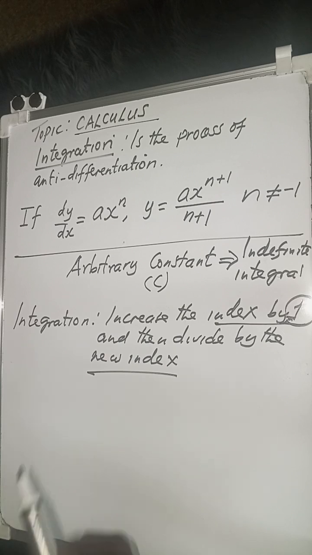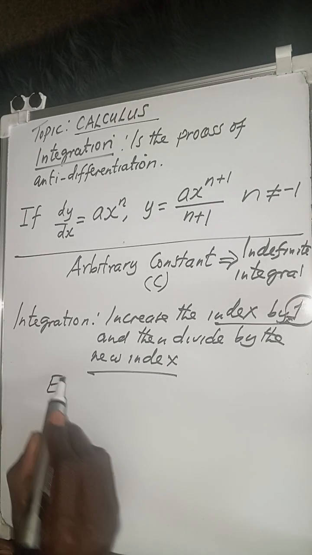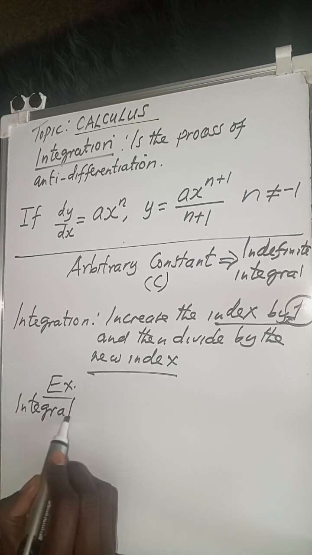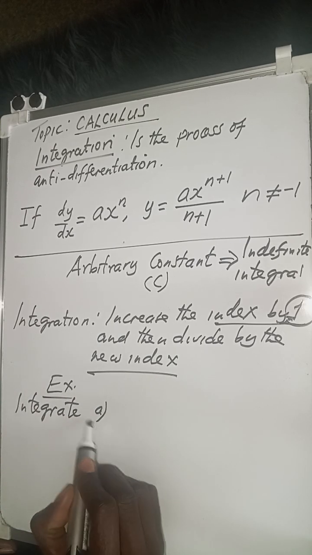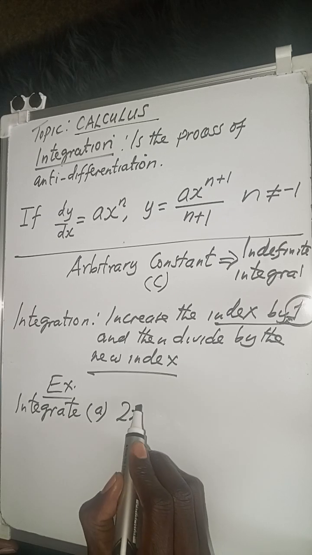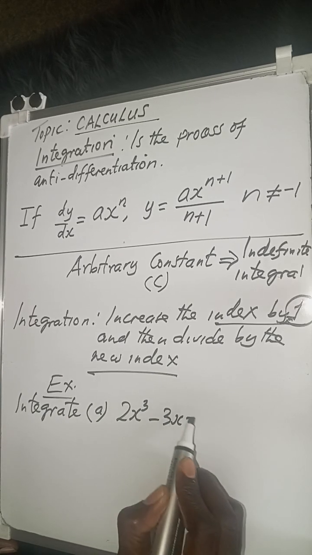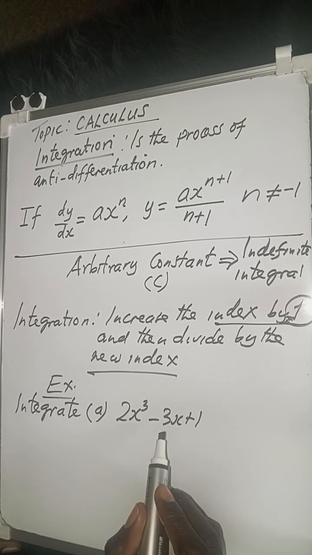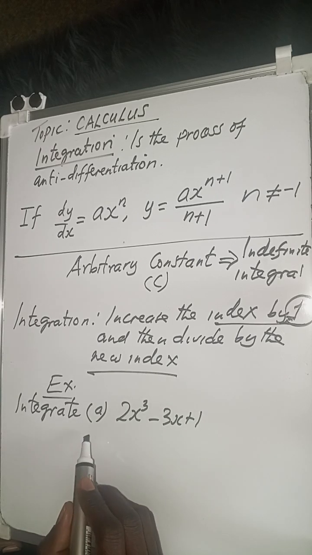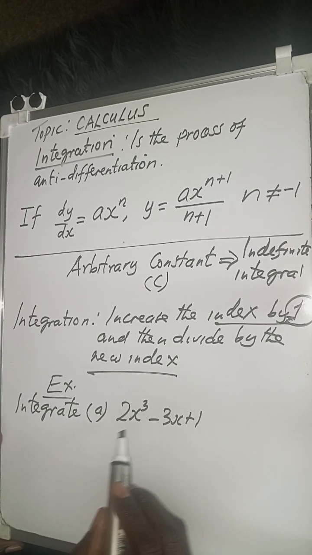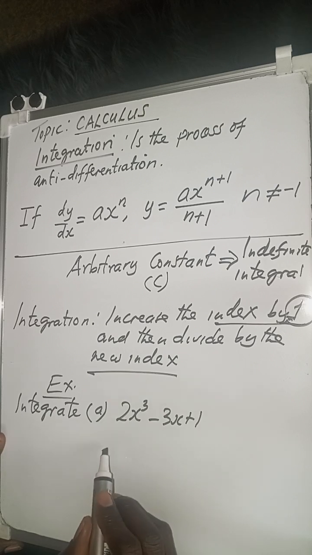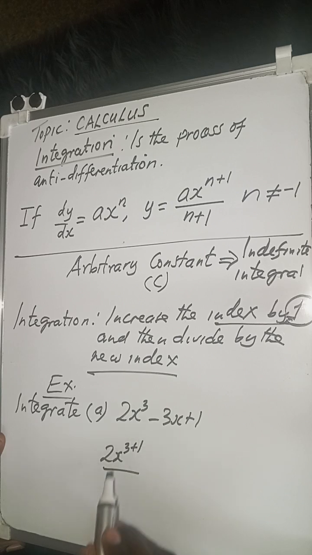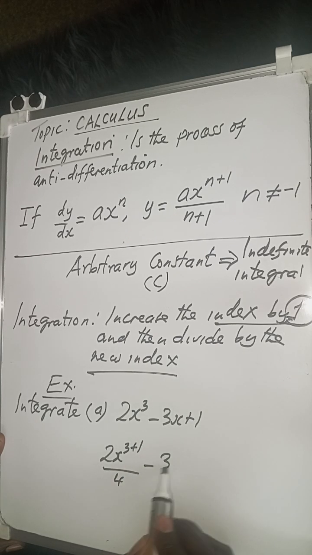Very important. So let's take, for example, I told you to integrate 2x raised to the power 3 minus 3x plus 1. How can you do that? Well, if I told you to integrate that one, it simply means that you can say 2x to the power 3 plus 1 divided by the new power, which is a 4, minus 3.